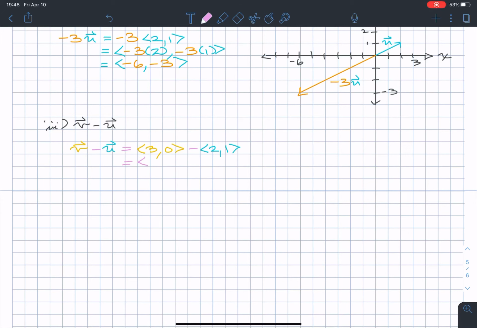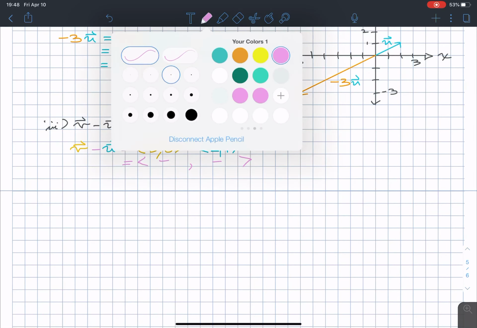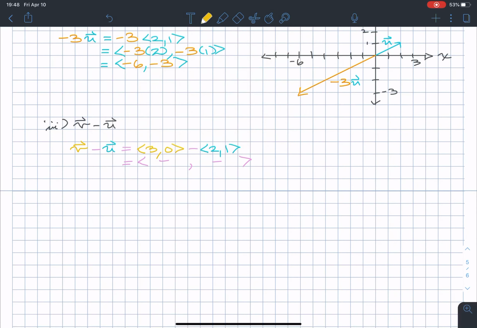So I get 3 minus 2 and 0 minus 1. So that gives me the vector 1, negative 1.